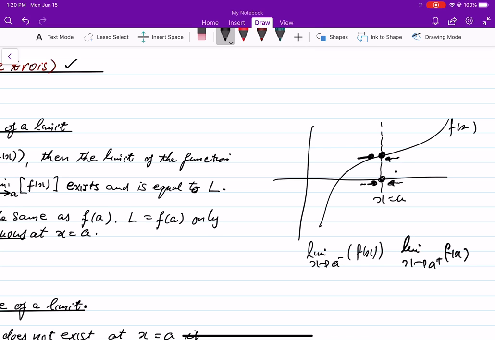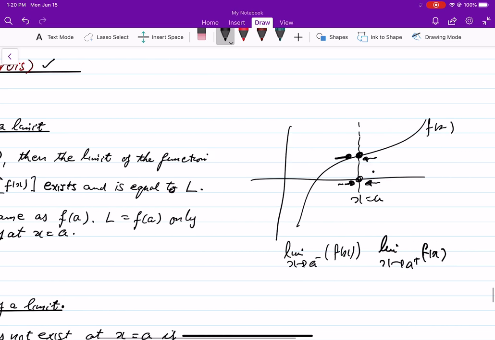And what we were saying is that the limit exists if the function is approaching the same value as x is approaching a from both sides. That's a very technical concept, and we're going to go through several different examples that drive that point home.